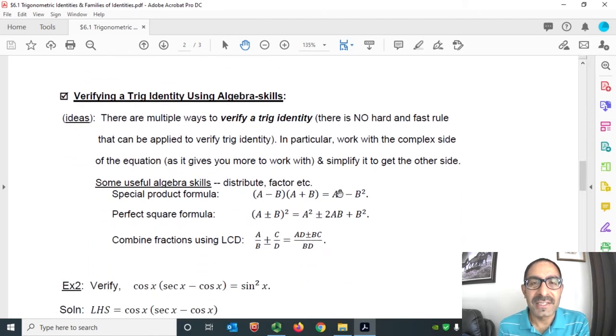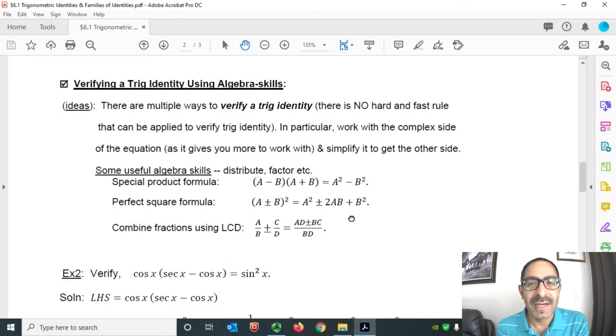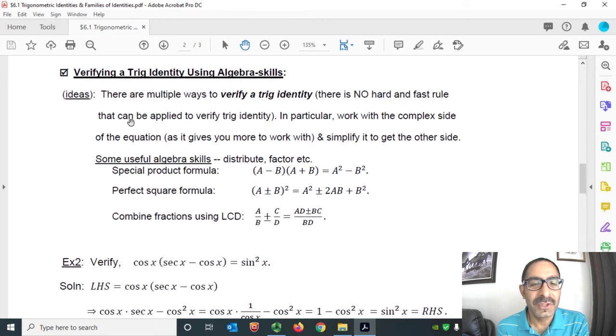Verifying a trig identity using algebra skills. Ideas: there are multiple ways to verify a trig identity. In particular, work with the complex side of the equation, as it gives you more to work with, and simplify it to get the other side.